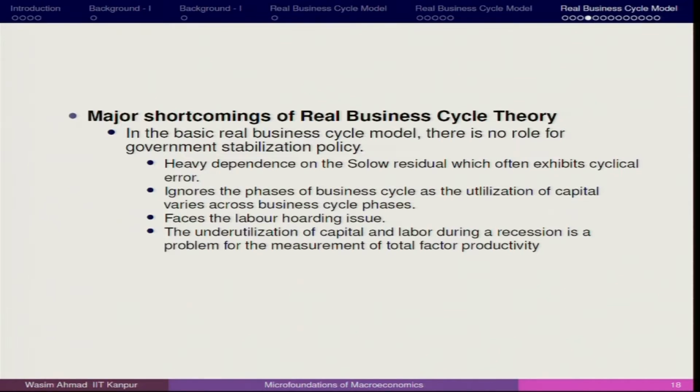The real business cycle school of economic thought does not take into account different phases of the business cycle. As I mentioned in the last session, the business cycle will have two phases: one is the peak and another is the trough, or expansion or contraction.